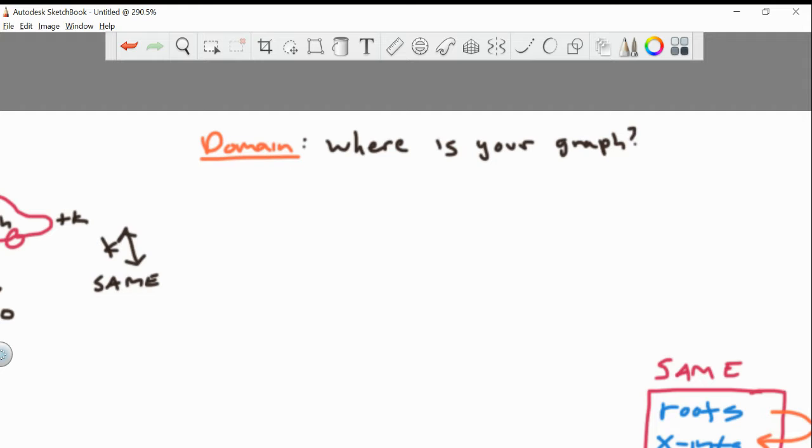Okay, that's what it's asking. Okay, now, not only is it asking where is your graph, it's asking where is your graph in terms of x. Specifically, what values of x could you find your graph at?